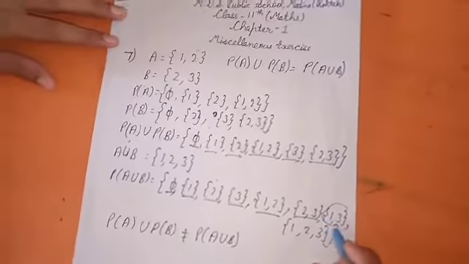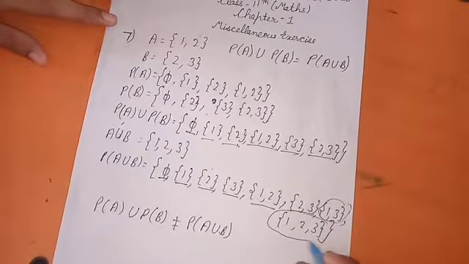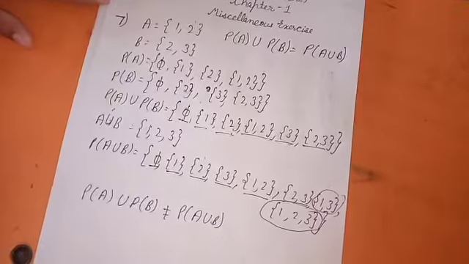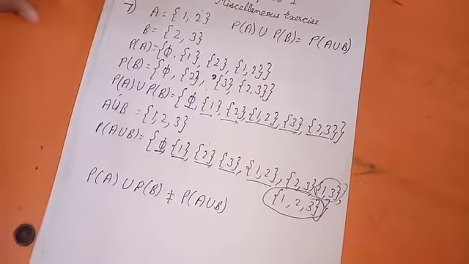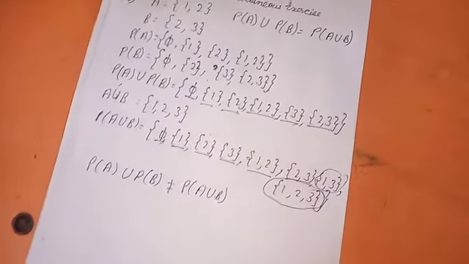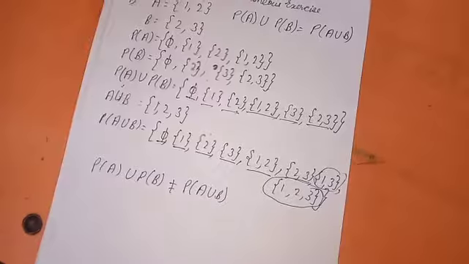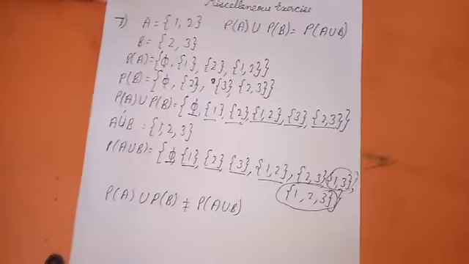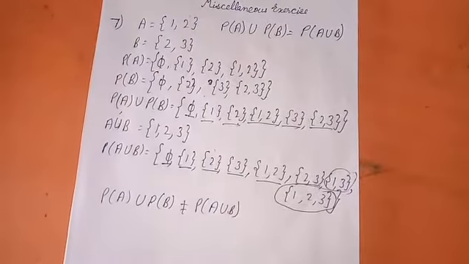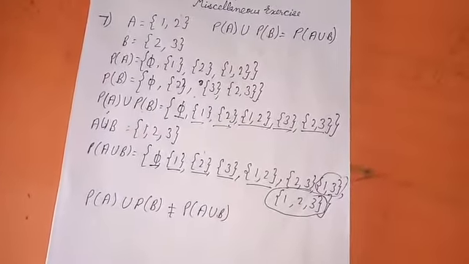But {1, 3} and {1, 2, 3}, these are the two elements that are in P of A union B but not in P of A union with P of B. Okay, so we have shown that it is not true.